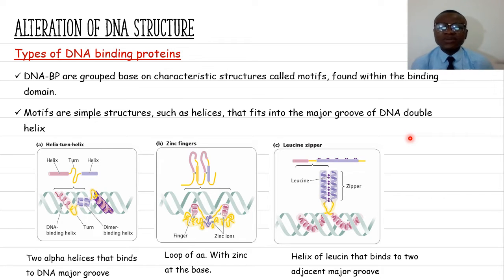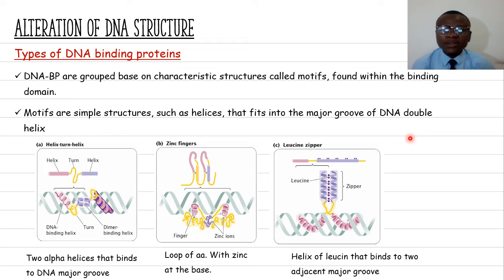So the motifs are simply structures, such as the helices that fit into the major groove of the DNA double helix. So you remember the minor groove and the major groove of the DNA, right? So the motifs are actually structures that enable the DNA binding protein to fit into the major groove of the DNA.